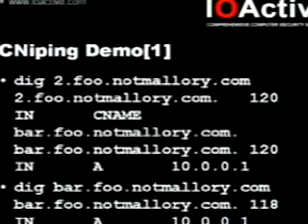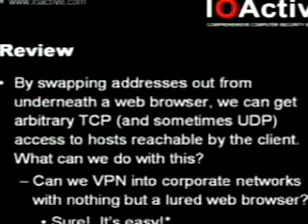And 2.foo.mallory.com, same CNAME, but now it's going to 10.0.0.1. Take a look. What's the address for bar.foo.mallory.com? 10.0.0.1. Doesn't matter that the TTL didn't expire, guys. The CNAME overrode it.